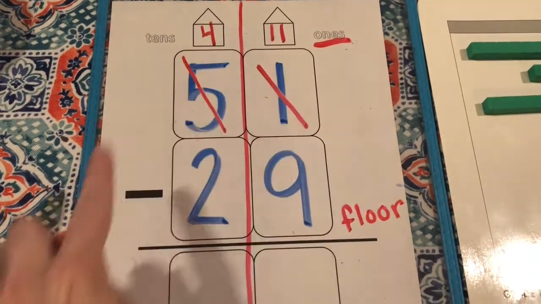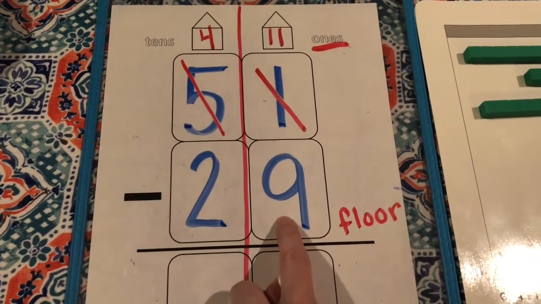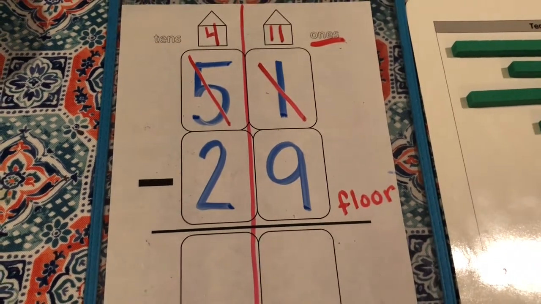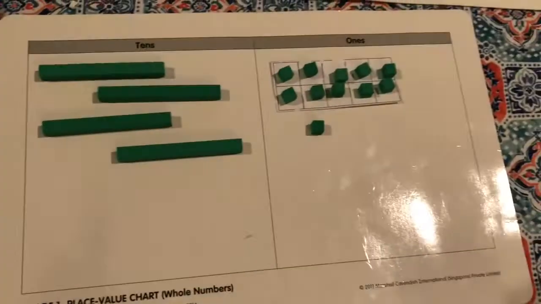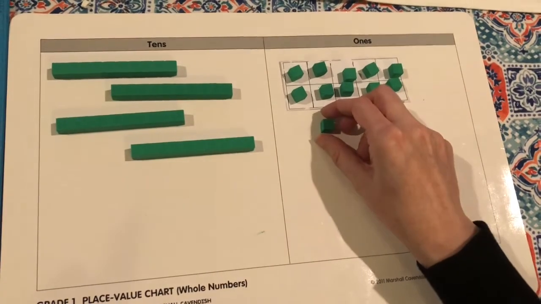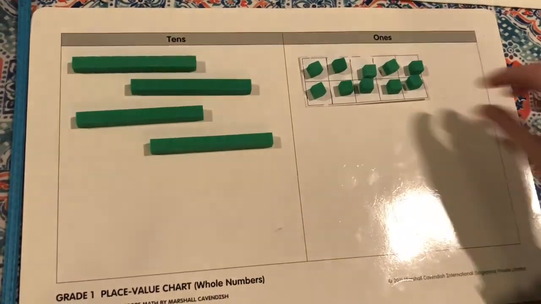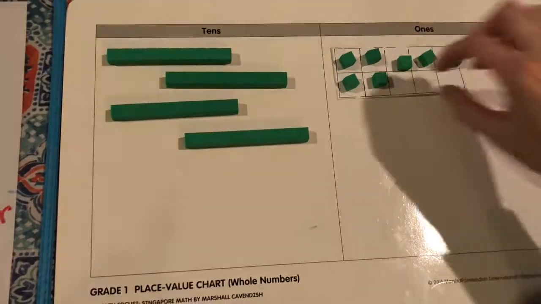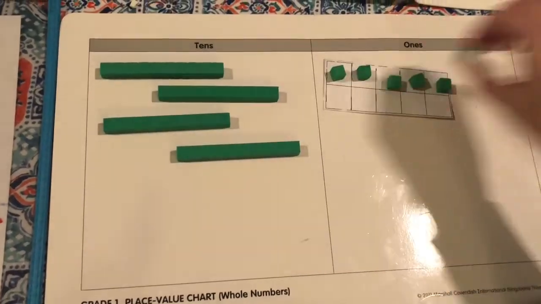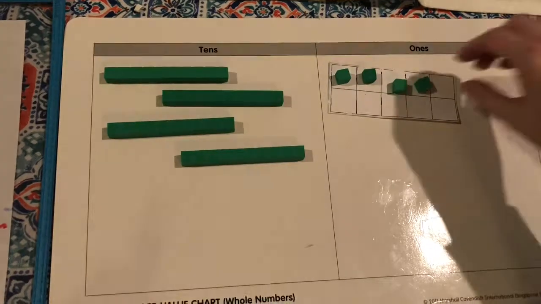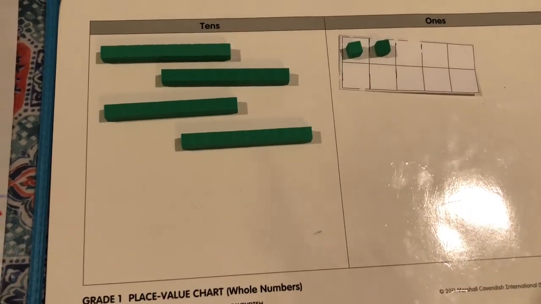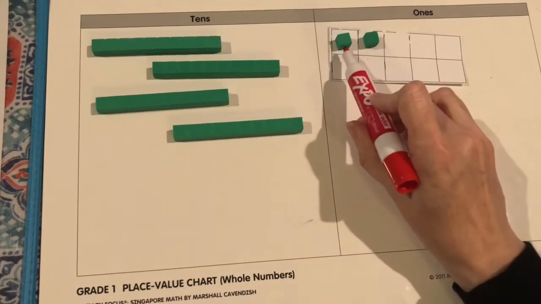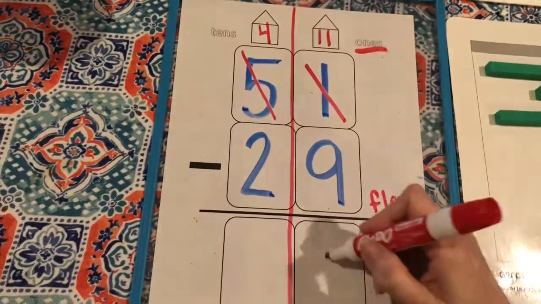So now we can go ahead and work our problem out. We have 11 minus 9. Let's come to our model and let's subtract 9. Count with me. 1, 2, 3, 4, 5, 6, 7, 8, 9. So 11 minus 9 equals, we can see here we have 1, 2 left. 11 minus 9 equals 2.